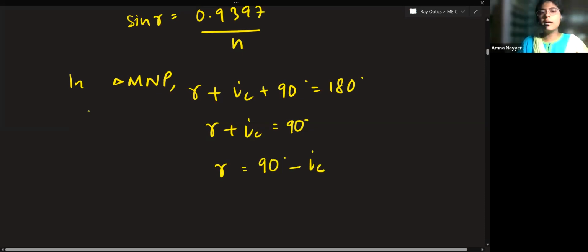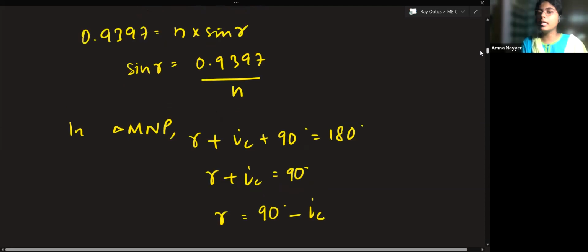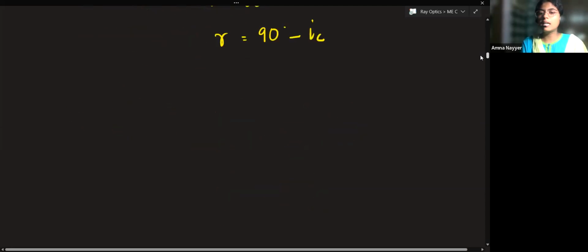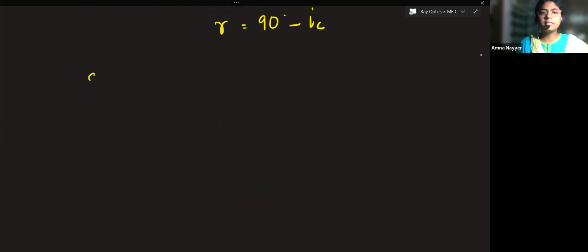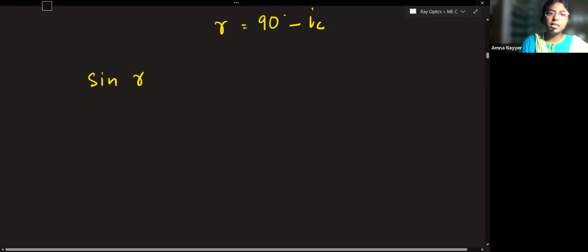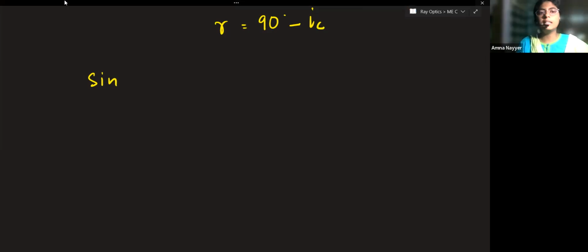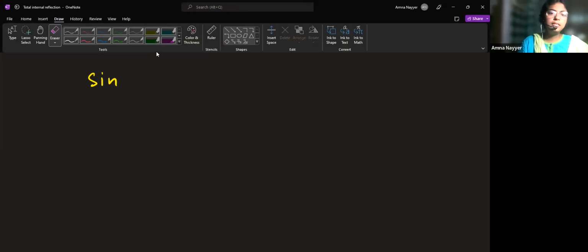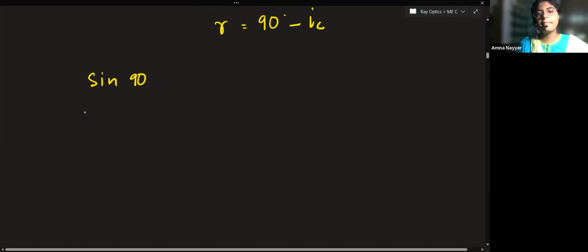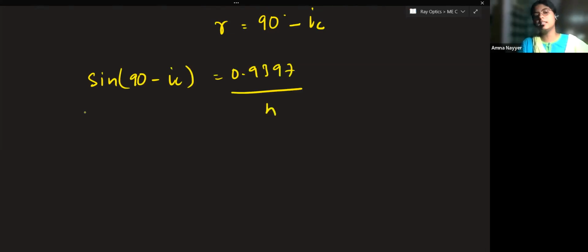So we can put the value of sine here. Sine R is equal to 0.9397 by N. So R's value can be written as 90 minus IC. Now I can substitute: sine of 90 minus IC is equal to 0.9397 divided by N.